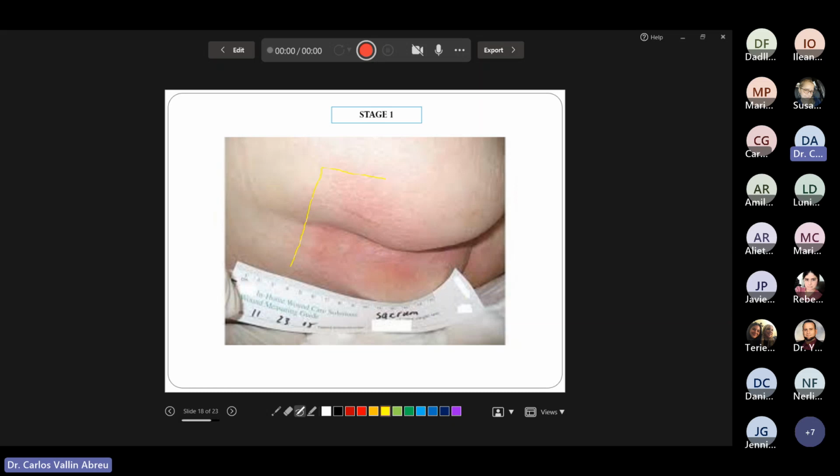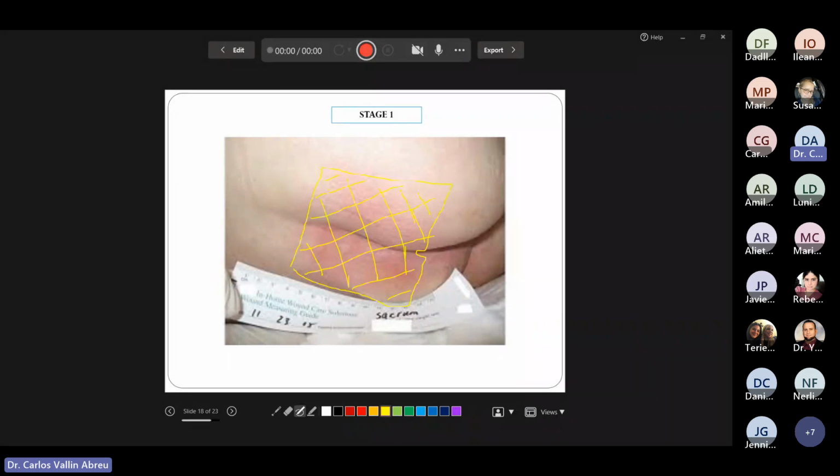But then this area is covered with a dressing. It's called a transparent dressing. It is like a film, a plastic that attaches to the skin. This is a biofilm that allows the skin to breathe. You understand?